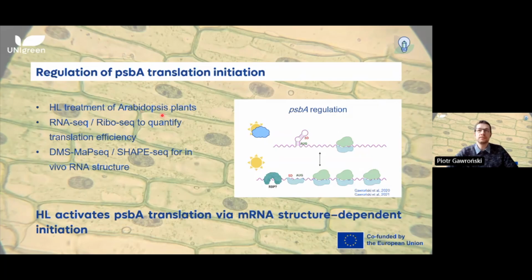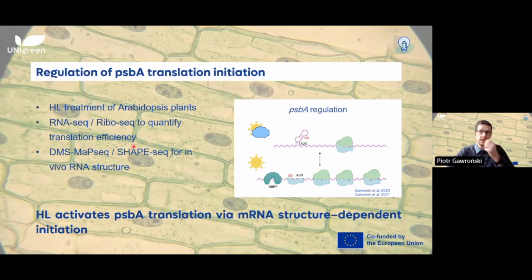To study this process at the molecular level, we combined RNA sequencing with ribosome profiling, called Ribo-seq, to measure the translation efficiency. And we also used two techniques, DMS-MaPseq and SHAPE-seq, that probe mRNA structure in vivo.